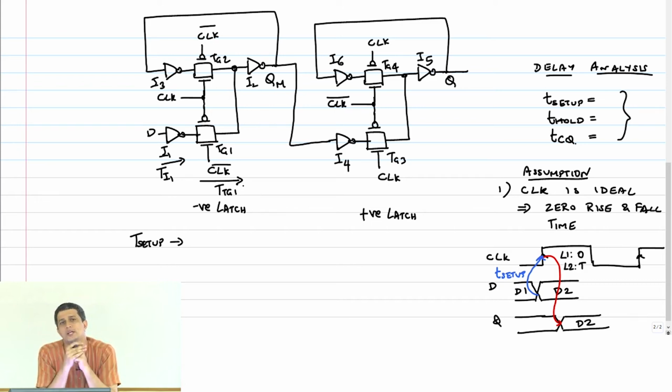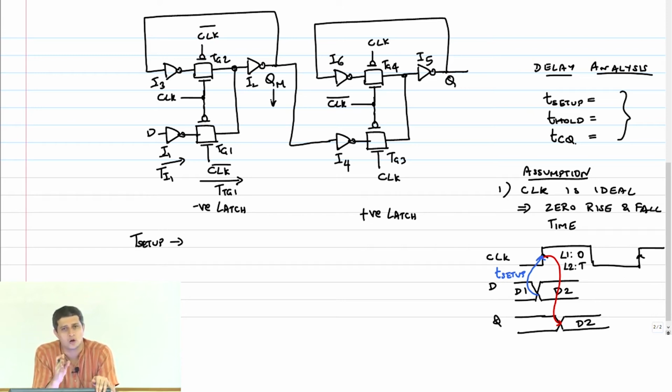So what should happen eventually? What is the node that should settle to the right value? QM. This QM should sample D2 and should have settled to the correct value.